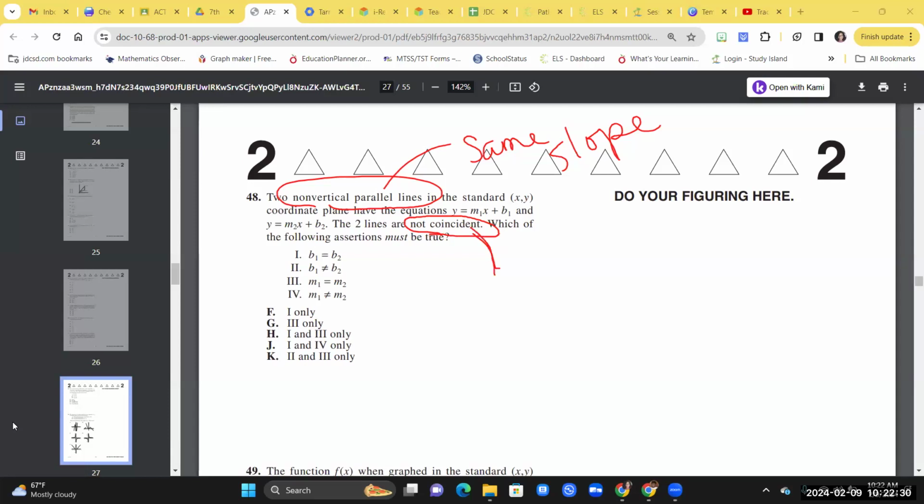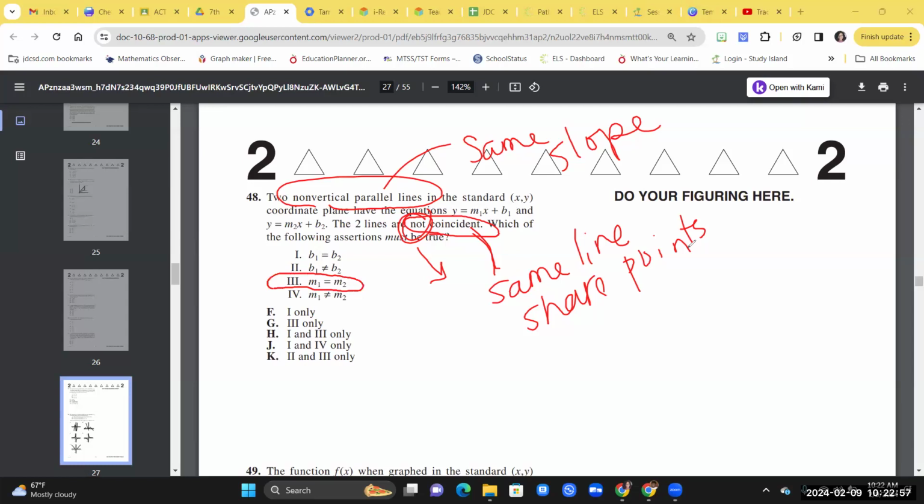Coincident means they share points, and since it's not coincident, we know it's not that. So we're going to have the same slope. We said it's not the same line, so it means the b's would be different. So the b's should not be equal to each other. So it'll be 2 and 3.